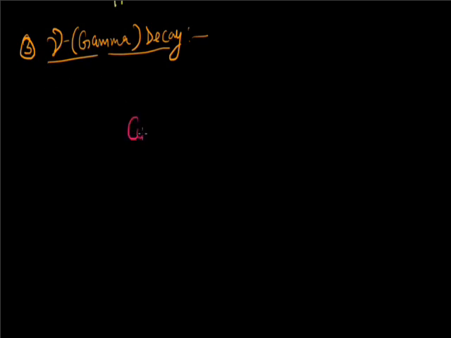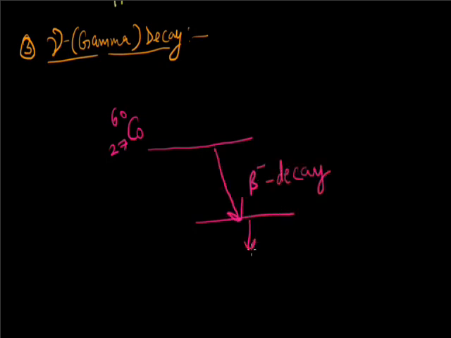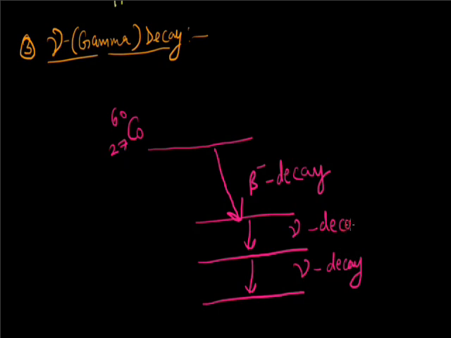Example of gamma decay is cobalt. Cobalt is going through first a beta minus decay and subsequently going through two gamma decays. So first it is going through a beta minus decay, then two subsequent gamma decays, converting itself into nickel 28-60.